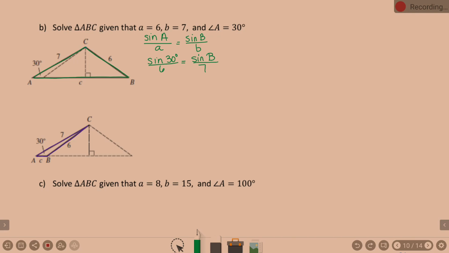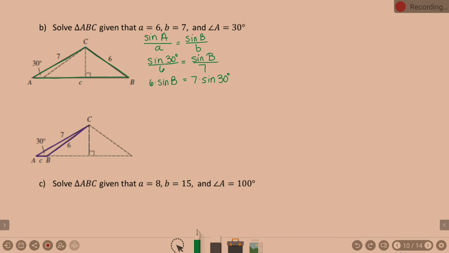Okay? You do you when it comes to solving, right? I do cross products. You're going to see me do cross products every time. So I'm going to say 6 times the sine of B is equal to 7 times the sine of 30 degrees.